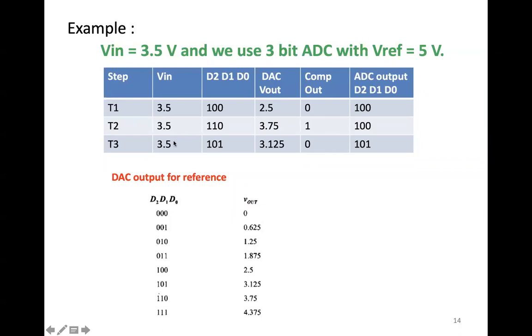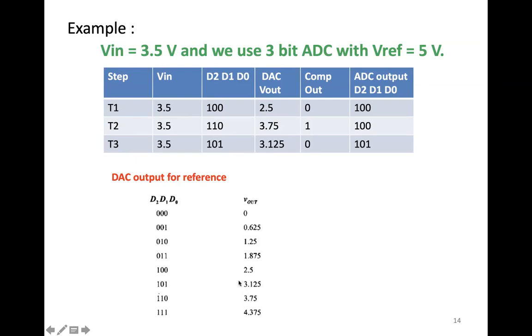Now let us take the next case where it is 3 and 3.125. Here Vin is 3.5, which means it is greater. So the comparator output is going to be 0. No changes are made to these values, 101, right? So the same thing is retained, which is 3.125.